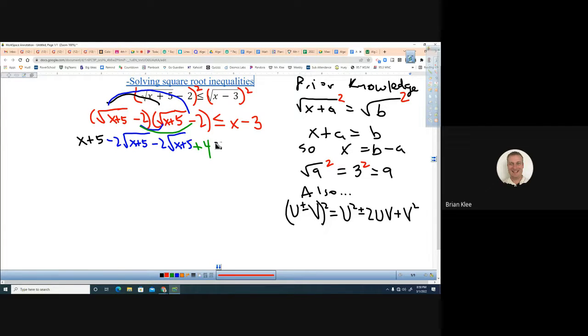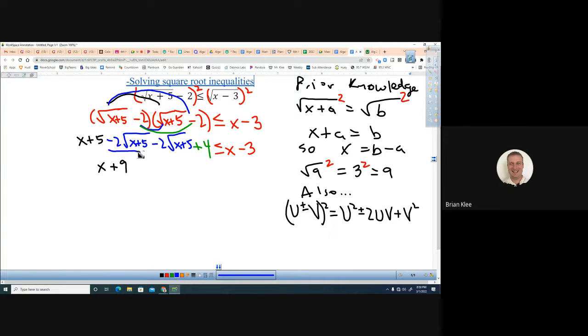Once again, the x minus 3 on the right side doesn't have anything to do for a little bit. It's as simplified as it gets. So now, combining some like terms, the plus 5 and the plus 4. If I combine those and simplify things a little bit, on the left side of the inequality we now have x plus 9.